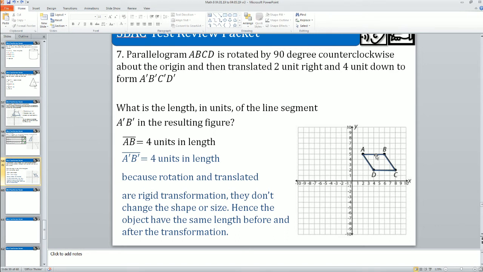So we have the original quadrilateral or parallelogram of A, B, C, D. We have to rotate this 90 degrees counterclockwise. So it's going to rotate here, right? Let's see. It should rotate here.